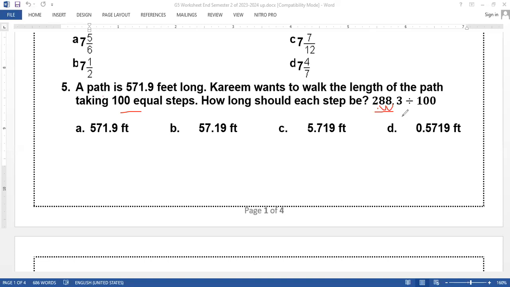Here, there's a mistake, I think. It should be 571.9 divided by 100, not this number. We move the point to the left twice. So the point becomes between 5 and 7. Here, the answer is C.